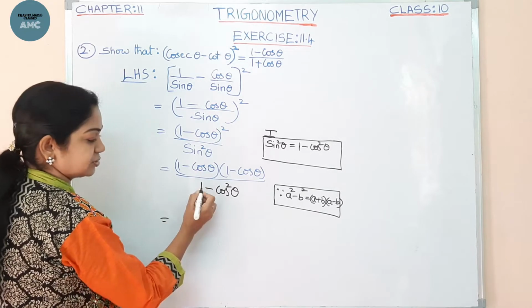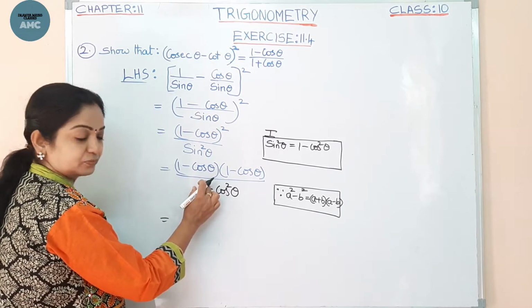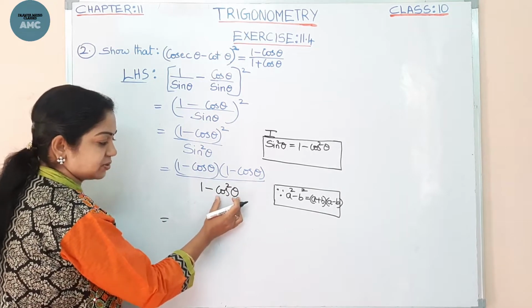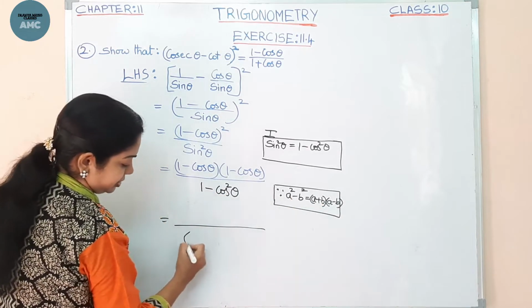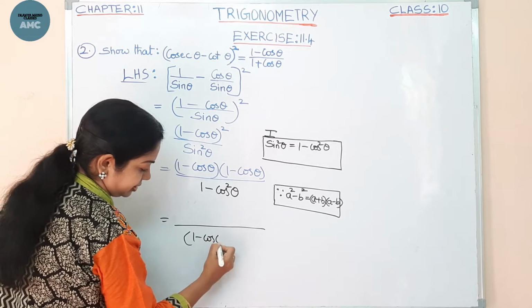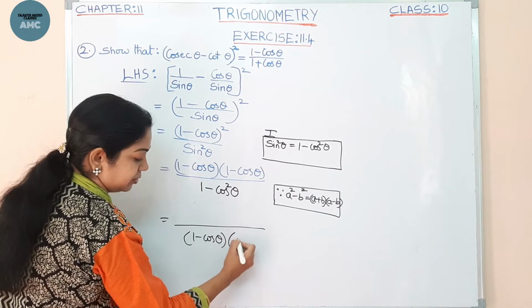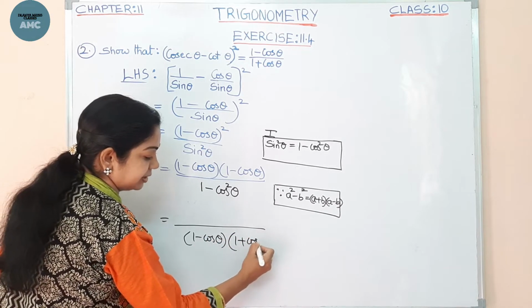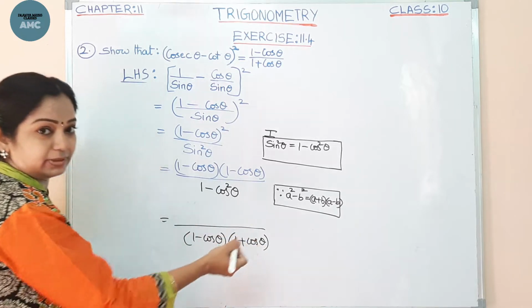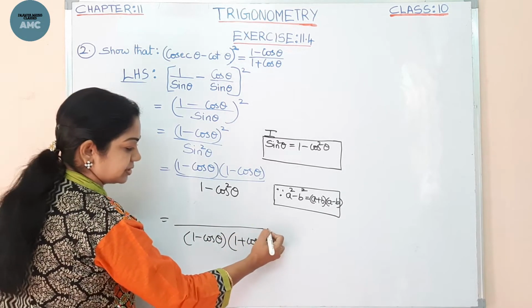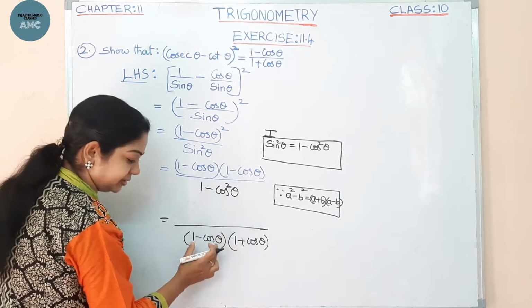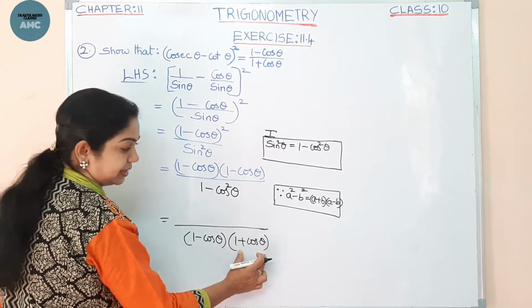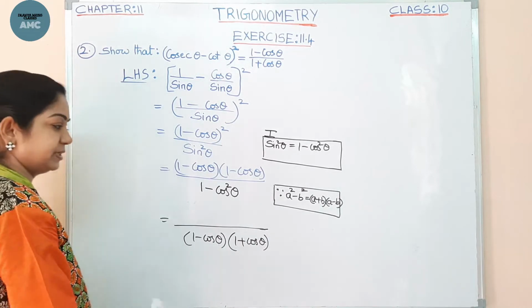Here a is 1, b is cos theta. So likewise, I will expand this. This comes to 1 minus cos theta, that is a minus b, and a plus b. Either way you can write a plus b, a minus b, vice versa. So here a square minus b square, I have split into a minus b, a plus b according to the algebraic identity.